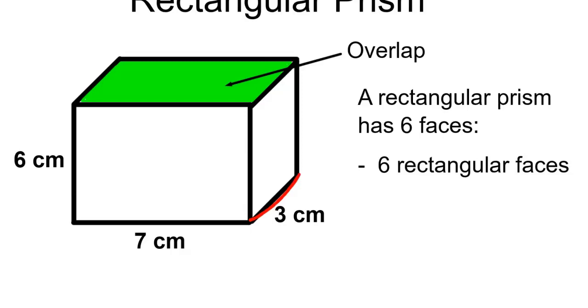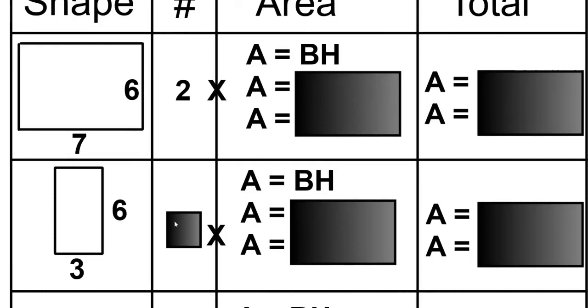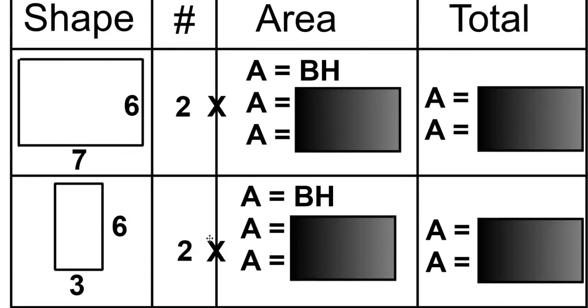The next shape that we'll count will be the right-hand side. And remember, there's also a left-hand side which will have the exact same dimensions. So the dimensions will be a base of 3 and a height of 6. There are 2 of them, as there's a right and a left-hand side.